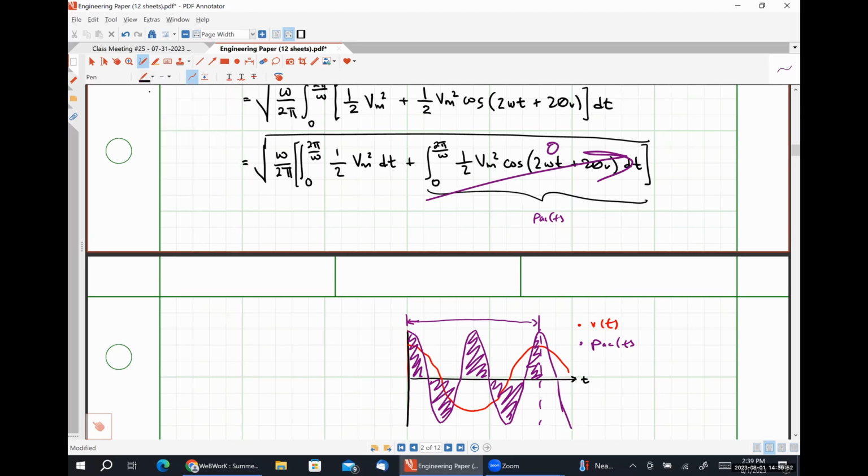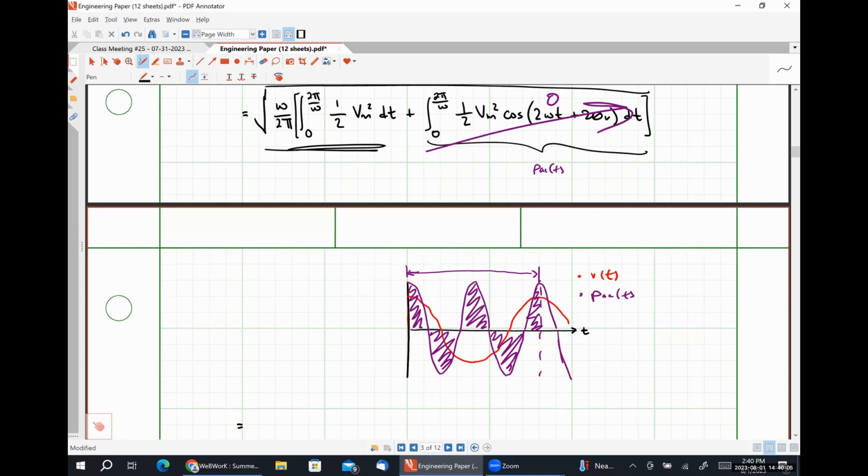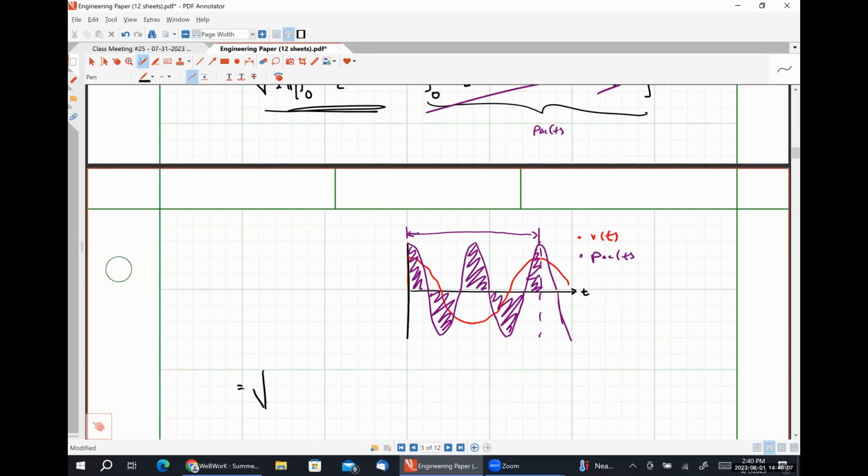So if we look at what we have going on right here, well, the 1/2 and the Vm squared are literally just constants. So I'm going to wind up getting, let's do it down here, the square root of omega over 2 pi times 1/2 Vm squared times the integral from 0 to 2 pi over omega of dt.